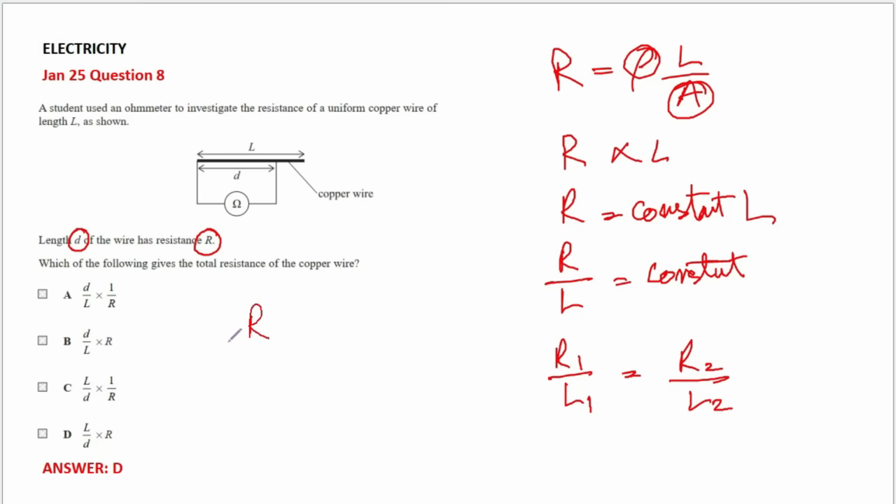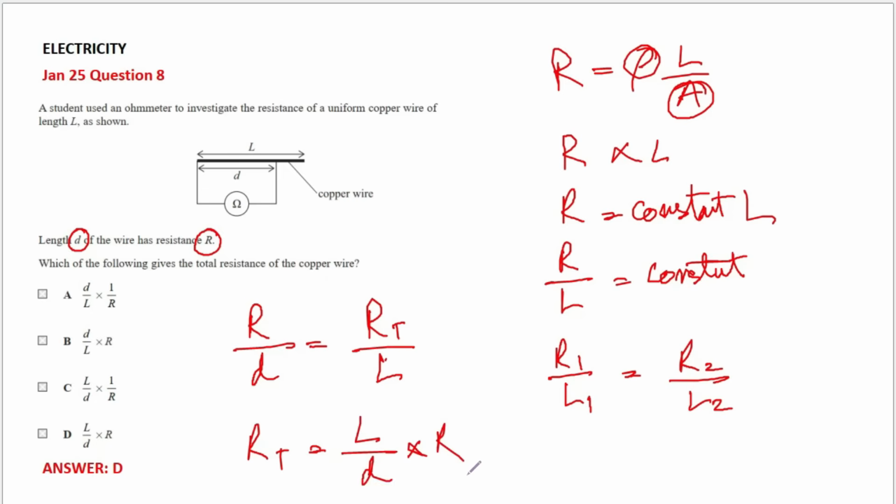So R by D should be equal to the total resistance RT divided by the total length L. Make RT the subject of the equation. RT would be L goes on this side divided by D, and you have R. So that's why the answer is D.